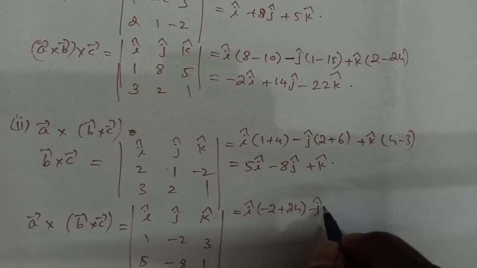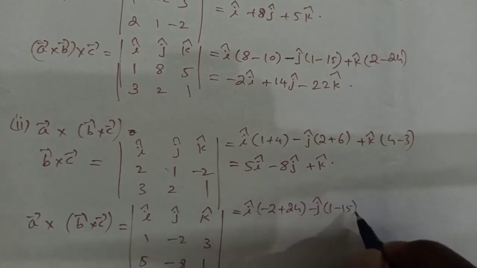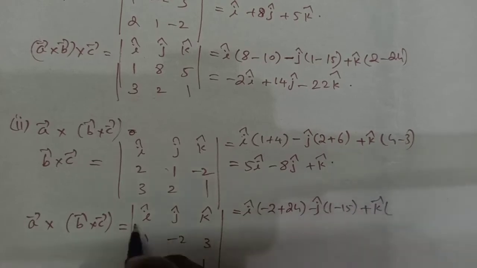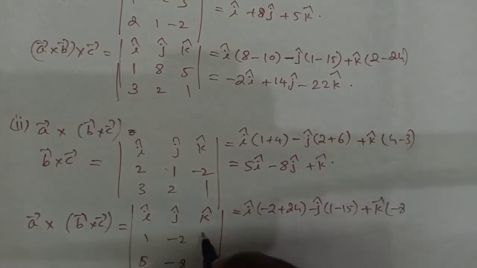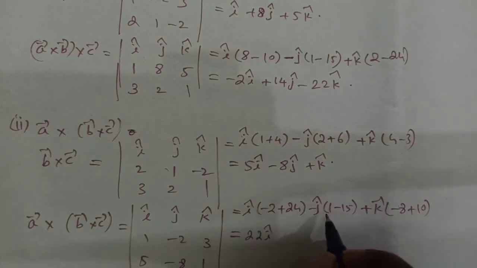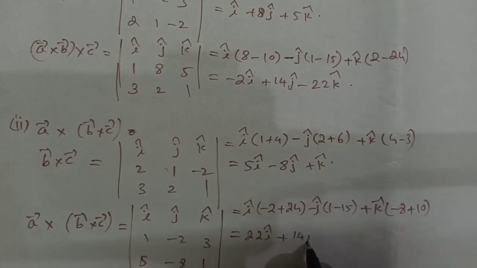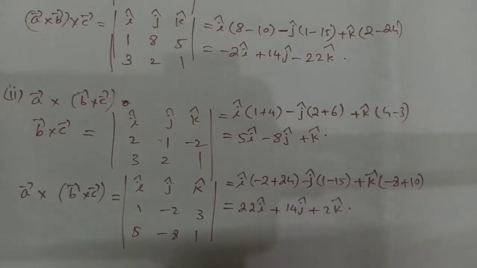So next minus j cap into, so 1 minus 3, 5 times 3 is 15, plus k cap into the last one, minus 8, this is minus into minus plus 5 into 2, 10. So this is 24 minus 2, 22 i cap. Here minus 14 outside minus, so minus plus plus, so plus 14 j cap. So next plus 2 into k cap. Okay, this is the value of a vector cross b vector cross c vector.